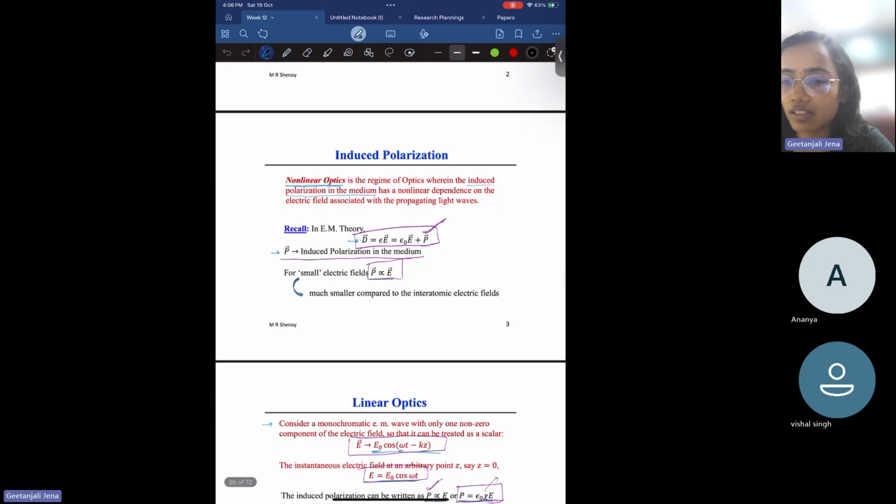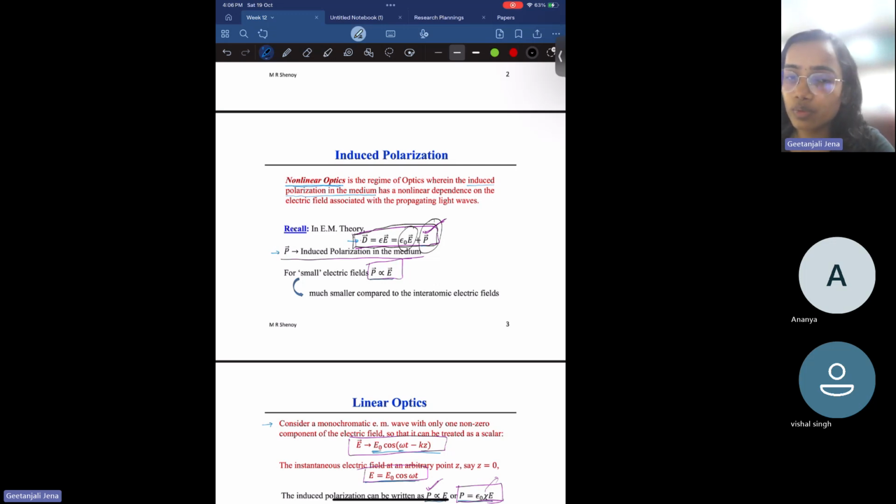This is the general expression for the displacement, valid for both non-linear and linear material. D is epsilon E, and you can write it as two terms: one is epsilon E, and one is the term due to the polarization that is induced in the medium in the presence of the electric field.